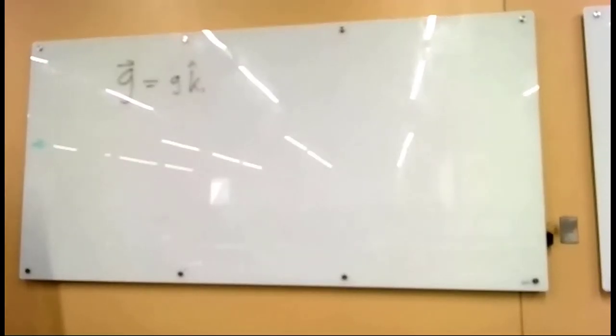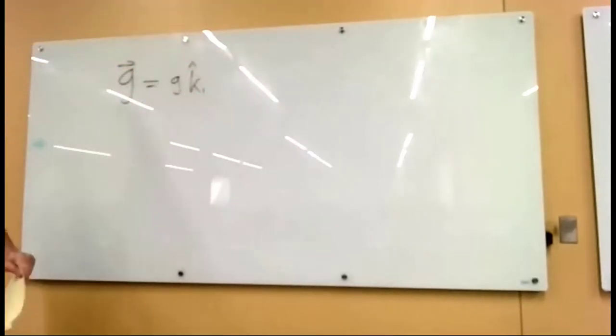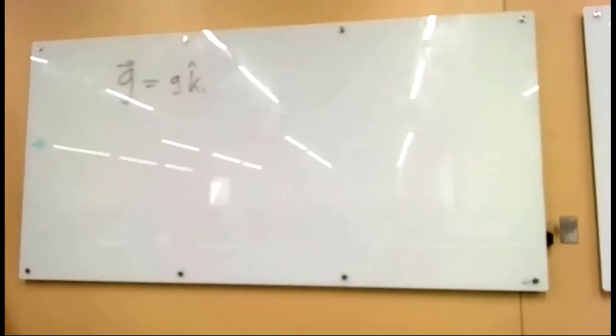That's before we do the psi, theta, and phi rotations. We translate it to match where the airplane actually is, and then we do a psi, theta, and phi to get to the body fixed.